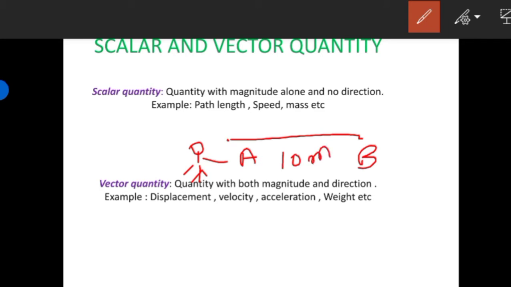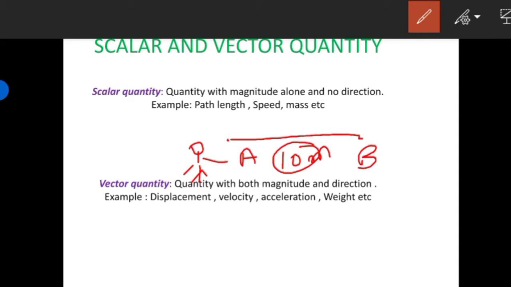What is this 10? 10 meter is the numerical value which tells me the measure of the quantity. So, this gives the magnitude. That means magnitude is nothing but numerical value that defines the measure of a quantity.